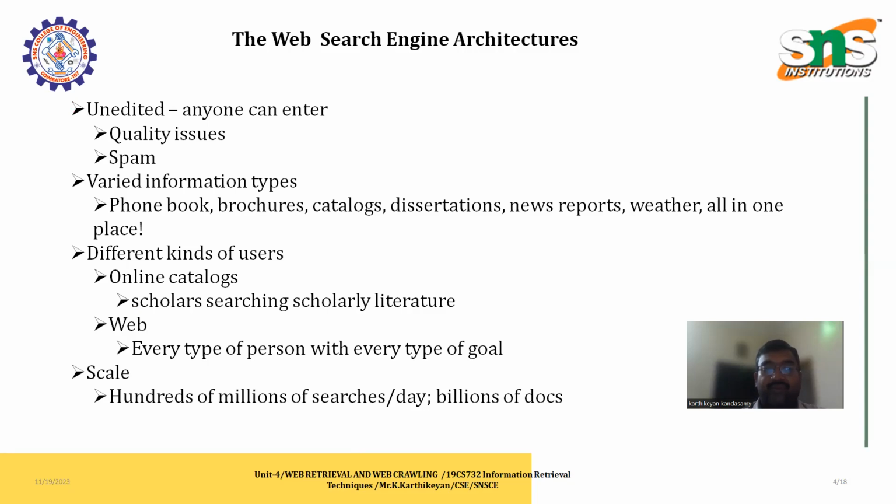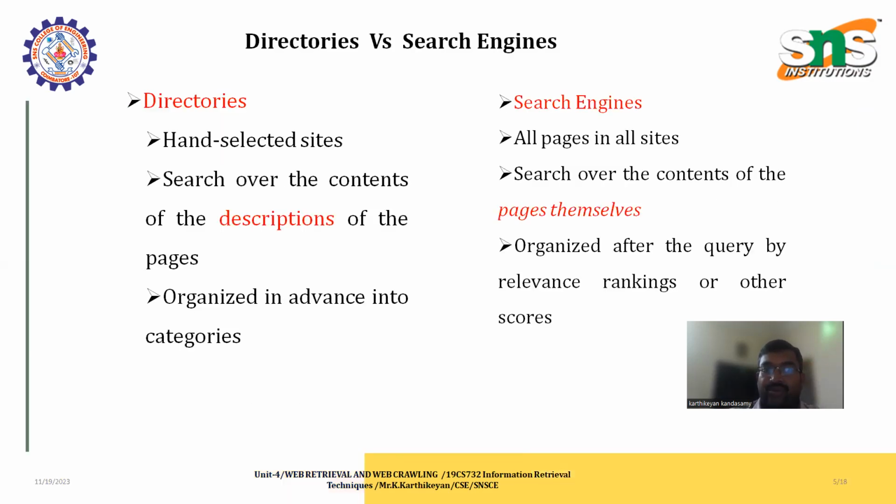There are different kinds of users, like online catalog users and scholars searching scholarly literature, every type of person with every type of goal, at a scale of hundreds of millions of searches a day and billions of documents. These are some facts about web search engines.